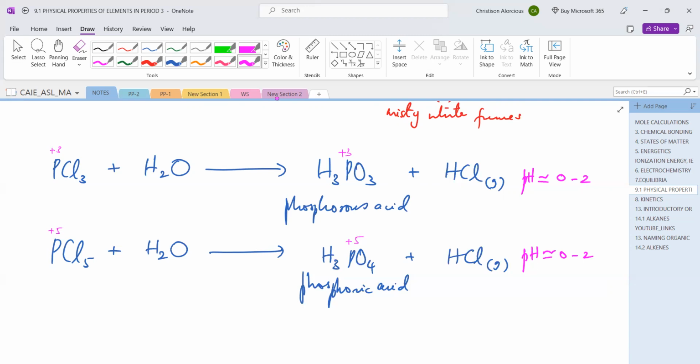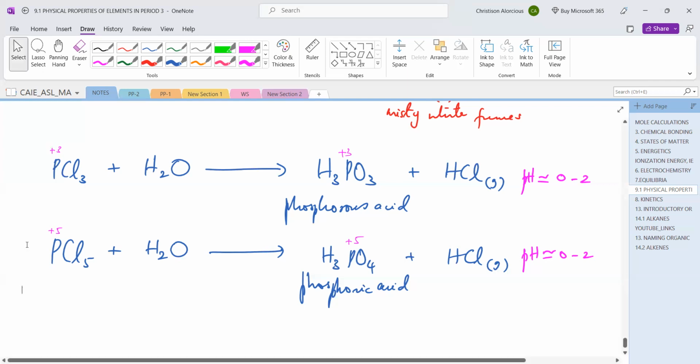As a result, they tend to become more hydrolyzed and more acidic. That wraps up the discussion on the reaction of the period 3 chlorides with water.